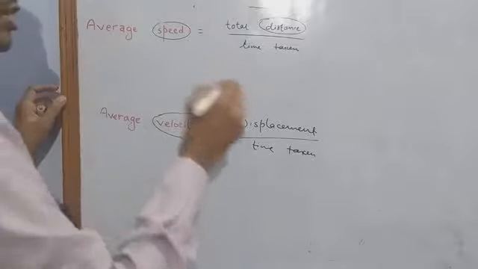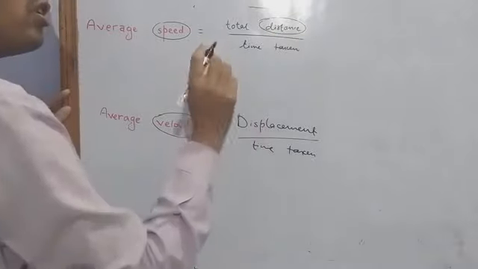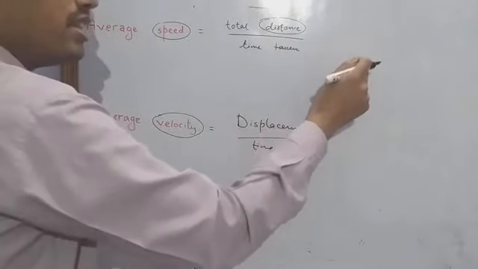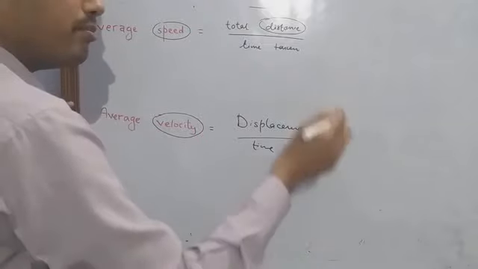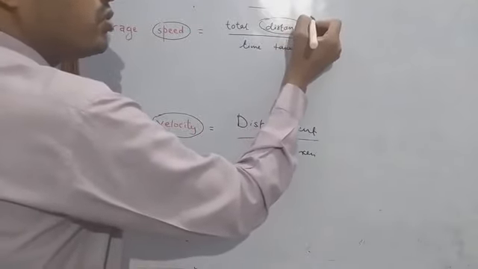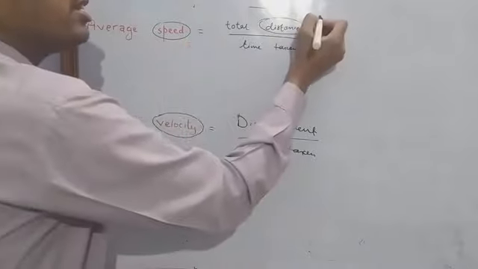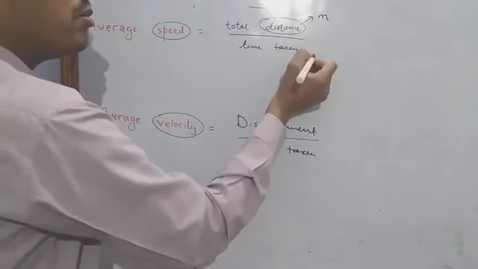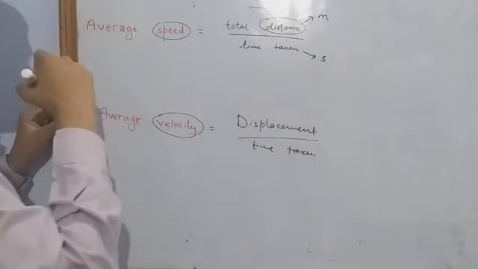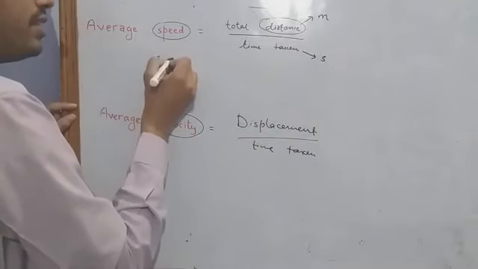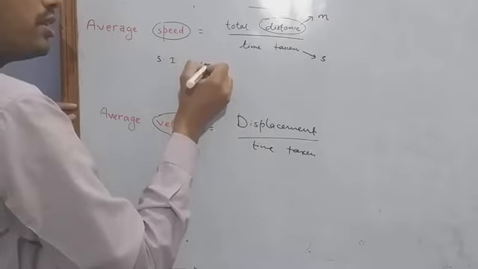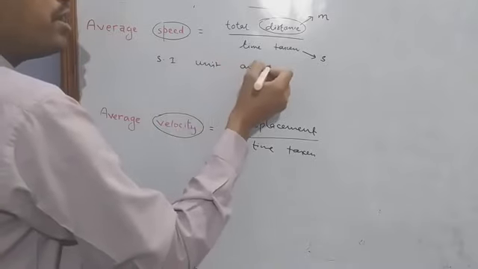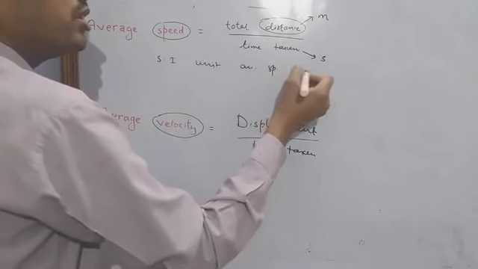Let us see their units. Distance, if you remember students, I have told you to remember three units for length, mass and time. Distance is length, so its SI unit should be how much? Its SI unit will be meters. Time, its SI unit will be what? Second. Therefore, SI unit for average speed will be how much?